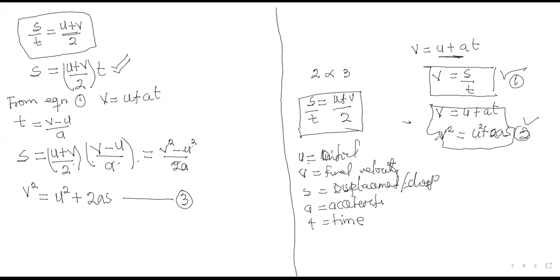Anybody to help? Gideon. Sir, we use the first when we have only been given the distance and the time. And we use the second when we have been given the acceleration and the distance.